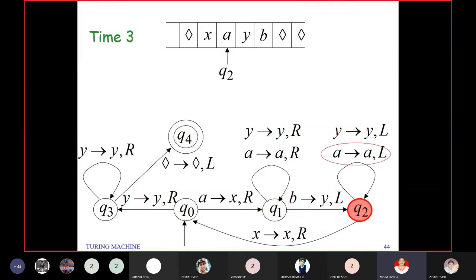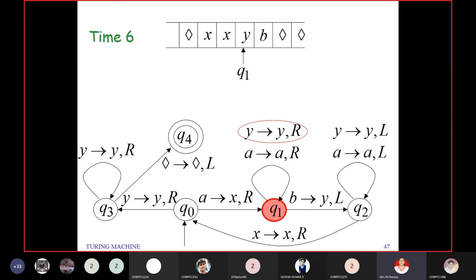While moving left, if you find A, don't do anything but keep on moving left. But in state Q2, if you find X, what you are supposed to do, you have to move forward. While moving forward, you repeat the operation, that is change the A into X and a B into Y. So this A is changed into X and move forward.